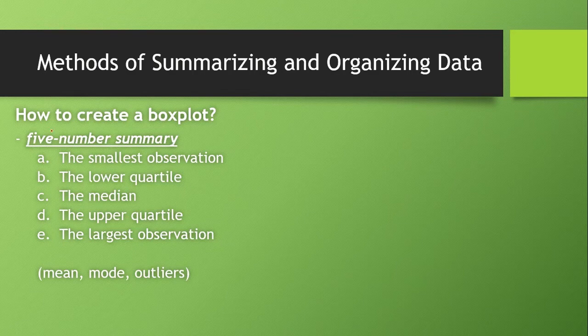Now in creating a box plot, we need the following: the smallest observation, that's our x min, then the lower quartile, that is our Q sub 1, our median, which is x tilde, our upper quartile, which is Q sub 3, and our largest value, that's x max. Okay, I'll just erase it.